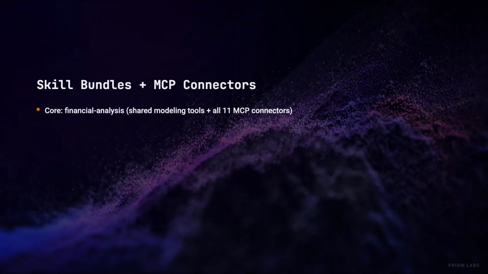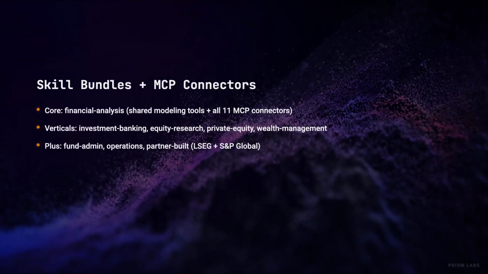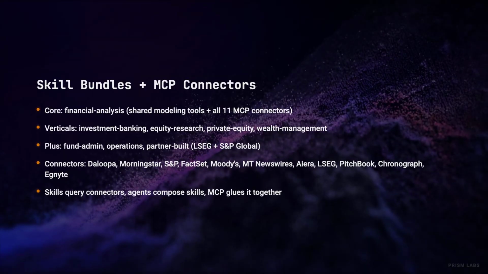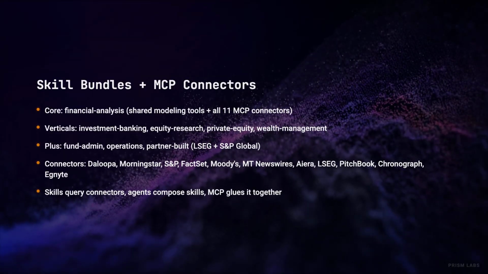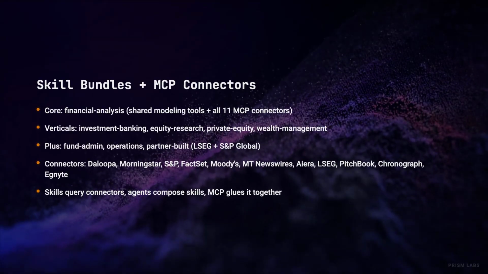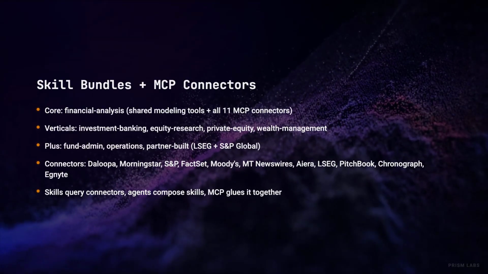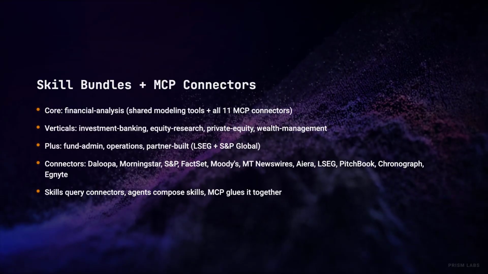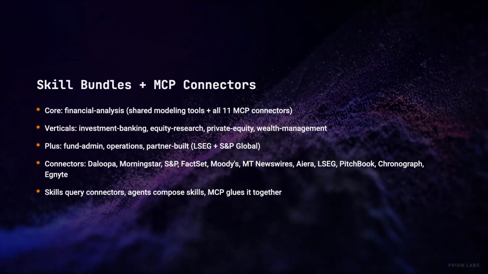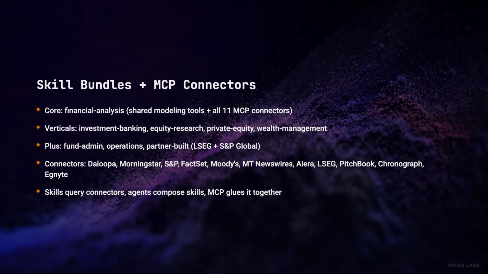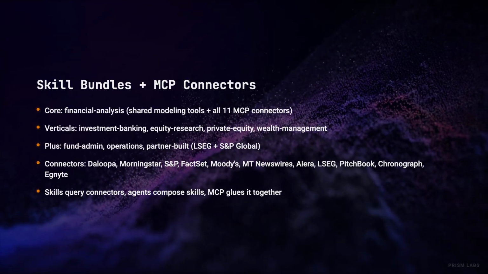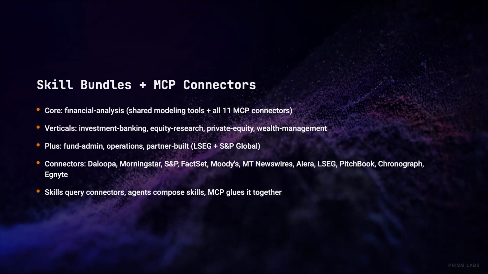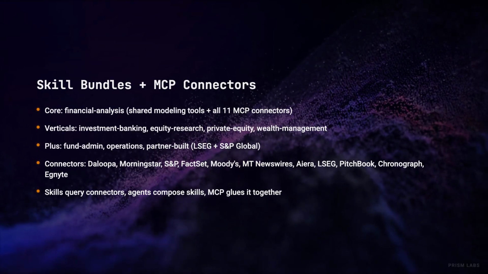2 more layers. The 7 vertical skill bundles. Financial-analysis is the core. Every agent depends on it for shared modeling tools and the MCP connector layer. Then the verticals: investment-banking for CIMs, teasers, merger models, buyer lists. Equity-research for earnings notes, initiations, catalyst tracking, thesis maintenance.